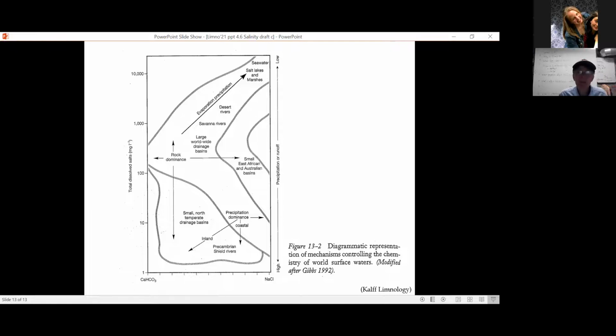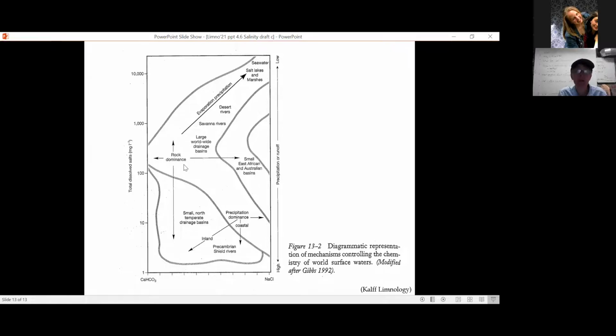So you could peruse this diagram at your leisure and see if any of it makes sense to you. You might find that it helps you see the big picture, or it might not. It's my opinion this diagram works for some people and not for others. So here we have precipitation dominated lakes, like rainfall dominated lakes, down here.